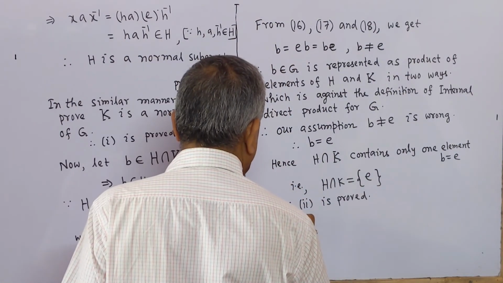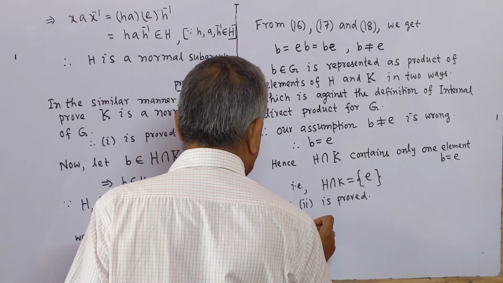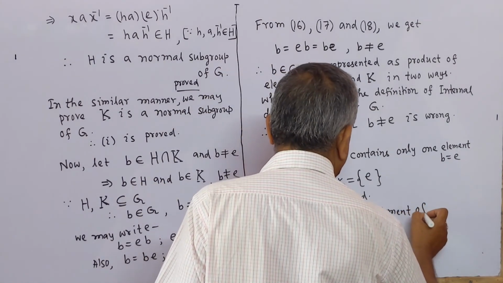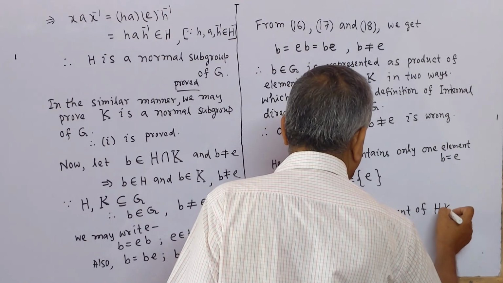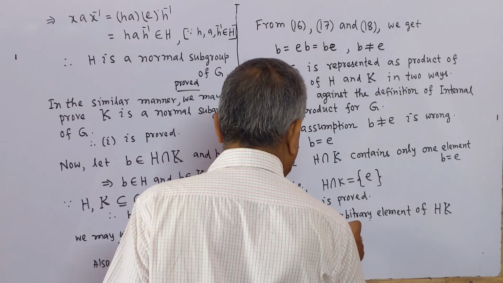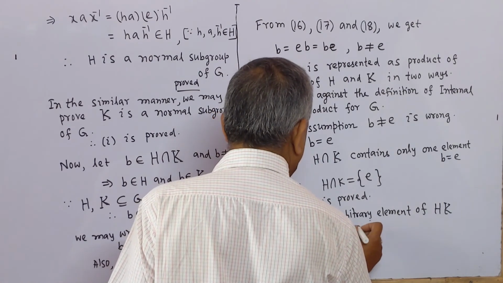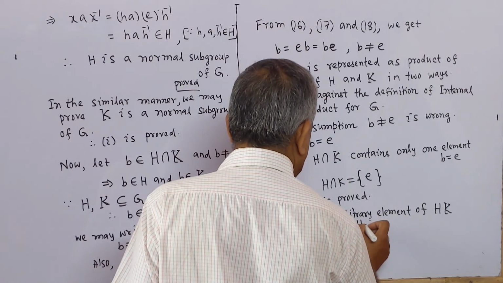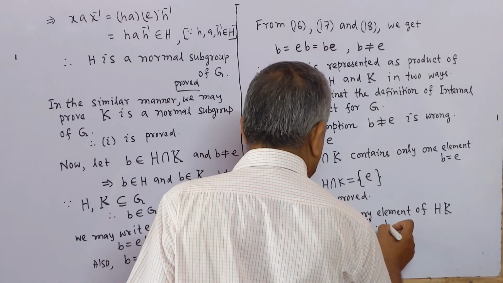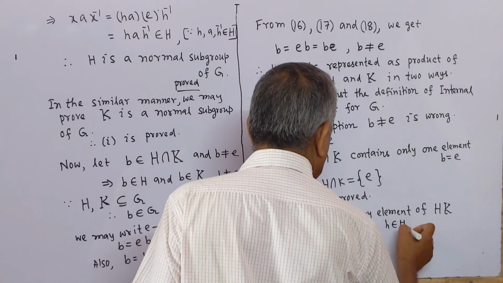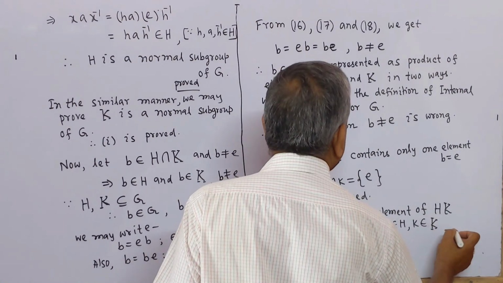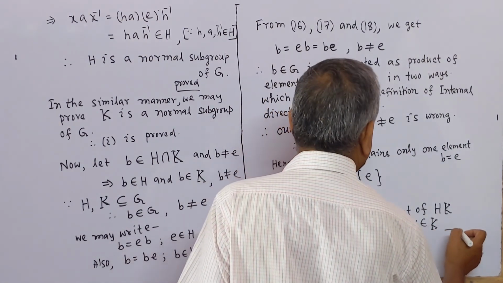Let small h small k be an arbitrary element of HK, that is, hk belongs to HK, where small h belongs to subgroup H and small k belongs to subgroup K. This is number 19.